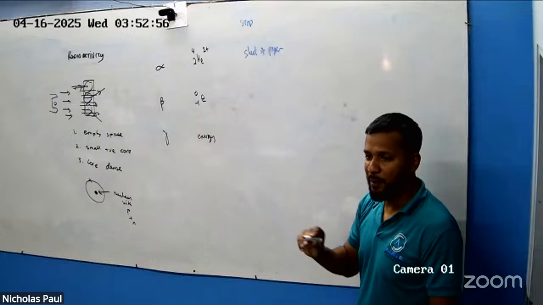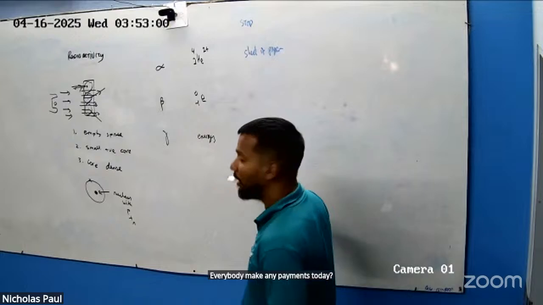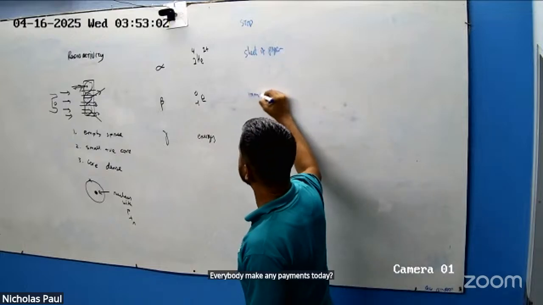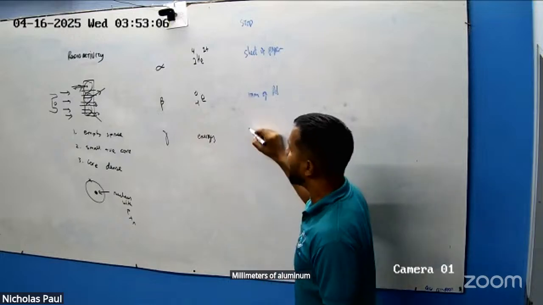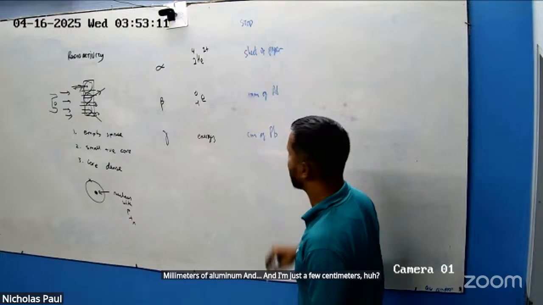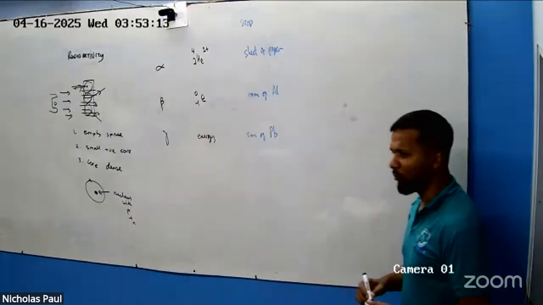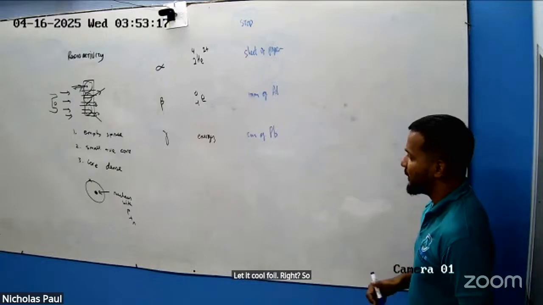Millimeters of aluminum. And gamma, just a few centimeters of lead. So we remember those little things about it.